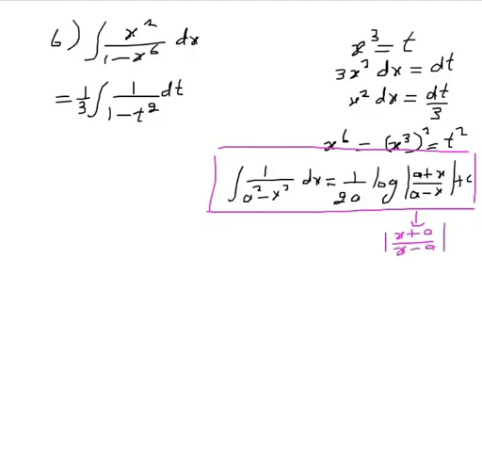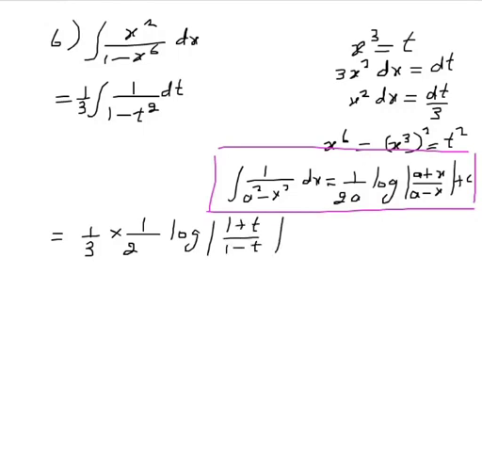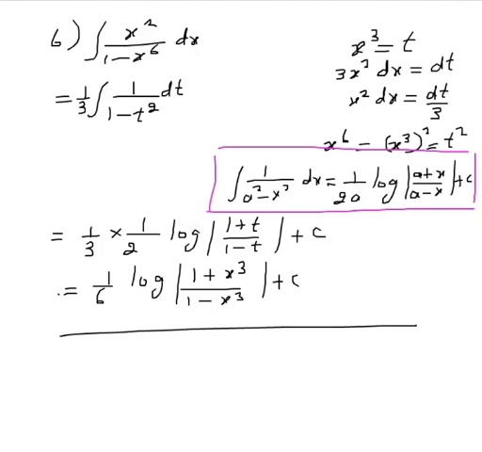Because of the absolute value sign, it does not matter. Therefore, the answer is 1 by 3 times 1 by 2a. a is 1. Log of 1 plus t divided by 1 minus t and plus c. 1 by 6 log of, substitute for t. t is x cube. This is the answer.